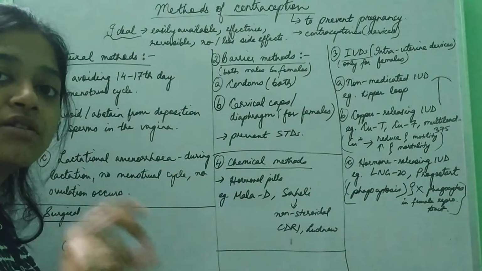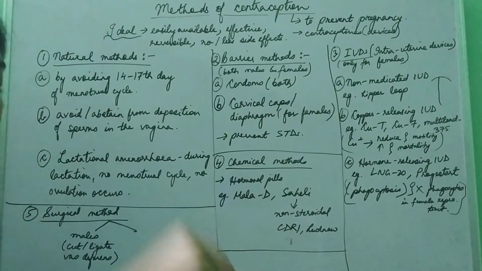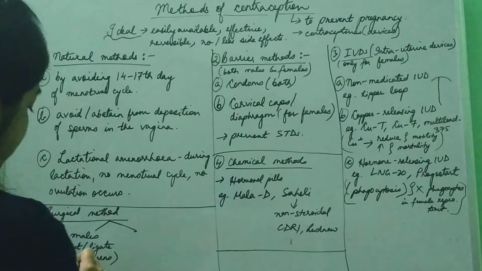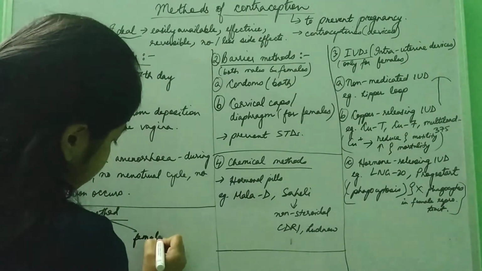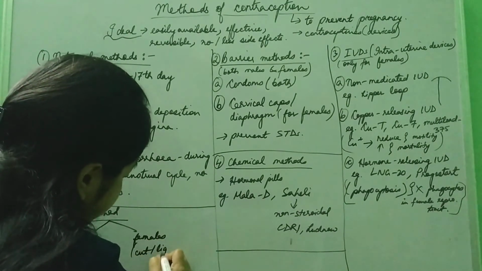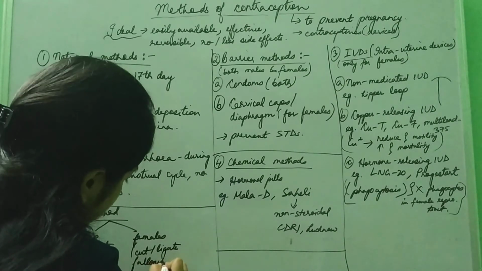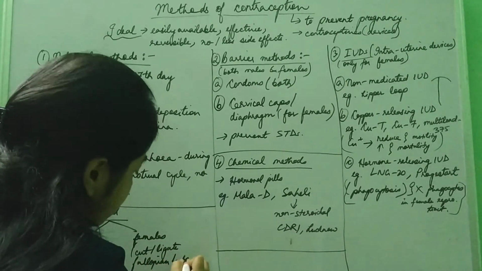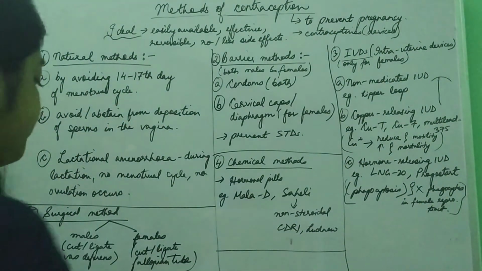So that surgical method or operation is reversible. That is why it is just tied. In case of males, vas deferens is tied, and in case of females, cut or ligate fallopian tube. In this case also it is reversible. It can be made normal again.